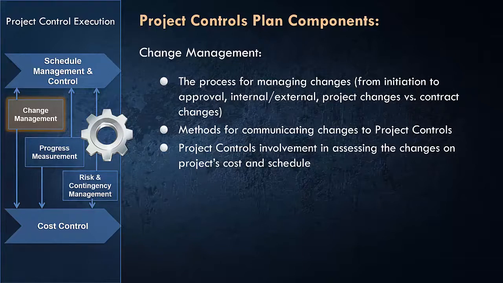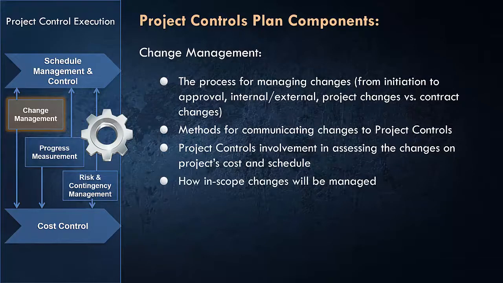So you need to address really how you expect project controls discipline to be involved when a change is issued, and how they're going to assess the impact of the change on the project cost and schedule. Also, are you going to do a TIC cost estimate assessment on the overall project estimate for that specific change or not? Like how those things would be assessed. You need to address that in project controls plan.